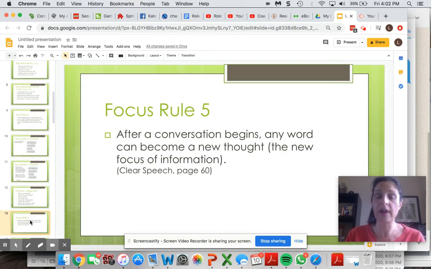Focus rule number 5. After a conversation begins, any word can become a new thought or the new focus of information. After a conversation begins, so after that first sentence, any word in the sentence can become a new thought or a new focus word.